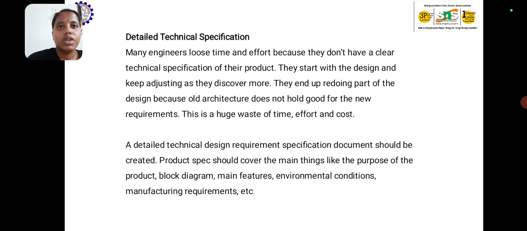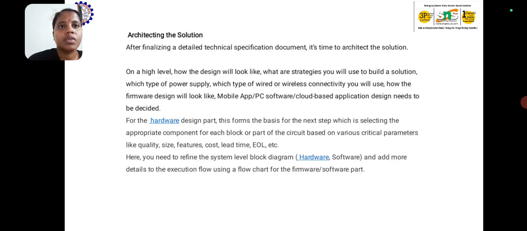This is a huge waste of time, effort, and cost. A detailed technical design requirement specification document should be created. Product specs should cover the main things like the purpose of the product, block diagram, main features, environmental conditions, manufacturing requirements, etc. The next one is architecting the solution.